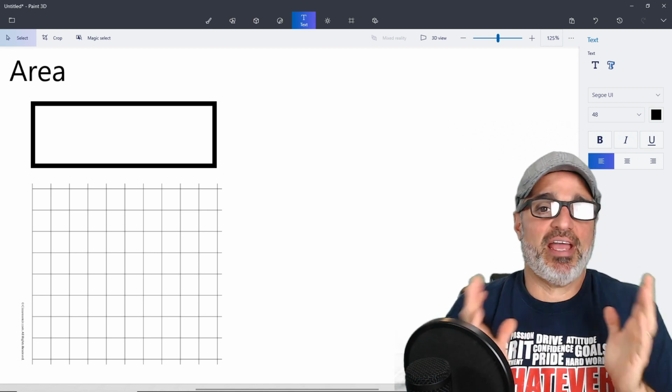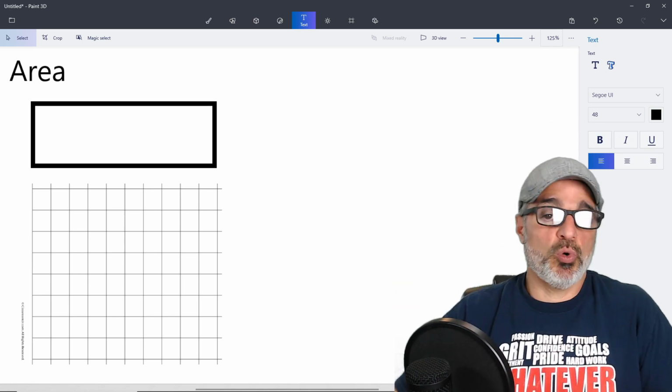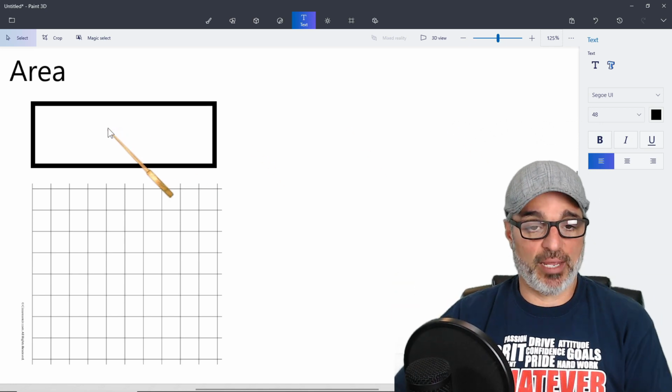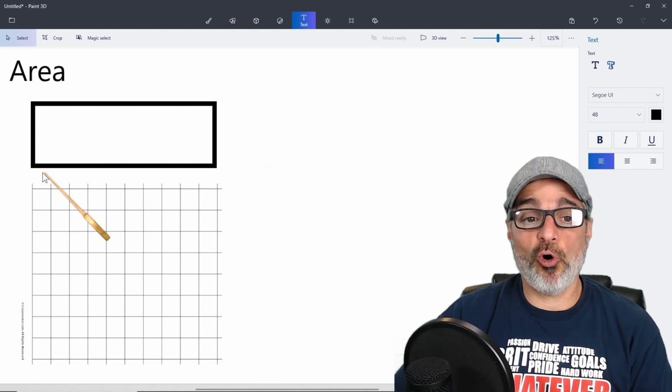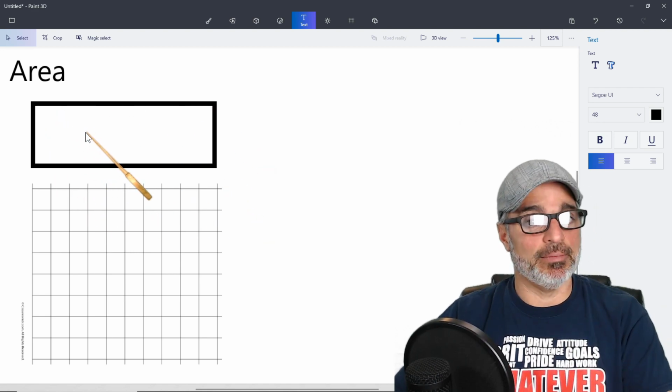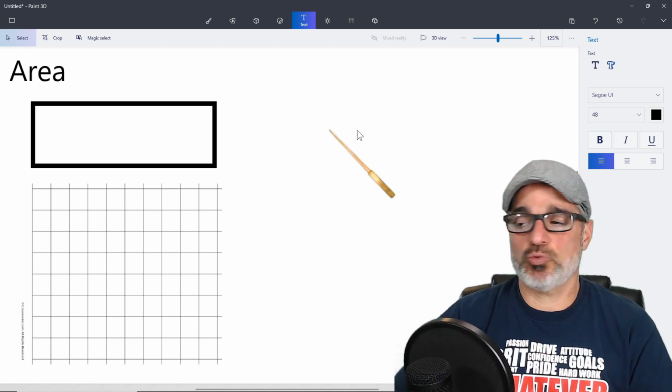Okay, here's the main difference between what perimeter was and what area is. When we were calculating the perimeter of a shape, we needed to measure or find the values for all the sides so that we can add them. Area only takes into consideration 2 sides, and this is why.